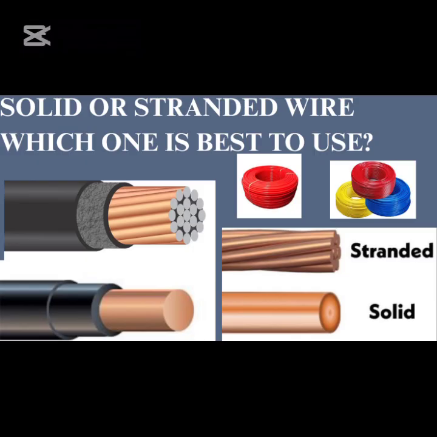Finally, as we have learned the difference and comparison between the two wire configurations, which one is better? Is it solid or stranded wire? The choice depends on both initial and long-term costs, specific applications, load types, current carrying capacity, flexibility, and environmental conditions.